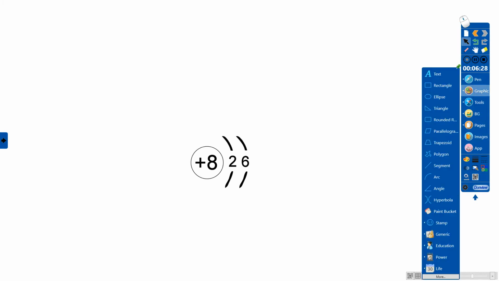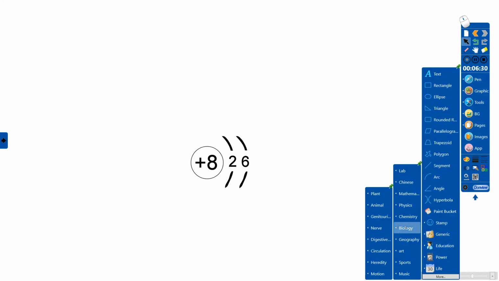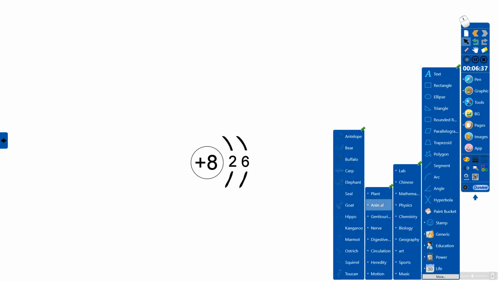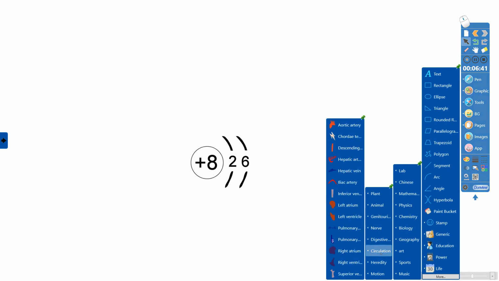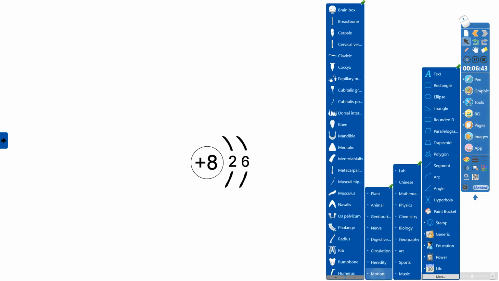Moving down to biology, there are more sub-menus. We have a number of further selections: plants, animals, nerves, digestive, circulation, heredity, and motion. Explore through these headings and find objects that you think will be useful to you.